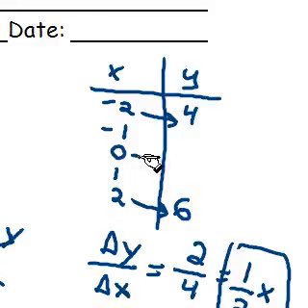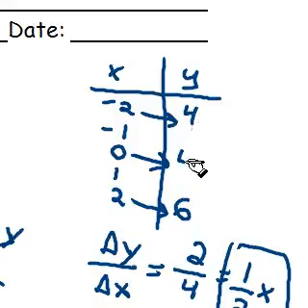So using your intuition, what do you think 0 went with? Negative 2 went with 4. 2 went with 6. We notice that 0 is directly in the middle. It's directly between negative 2 and 2. So what number is directly between 4 and 6?